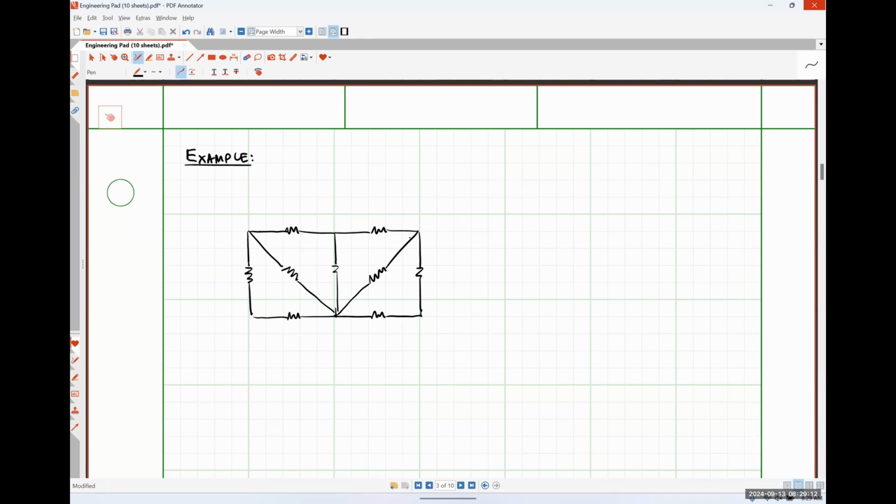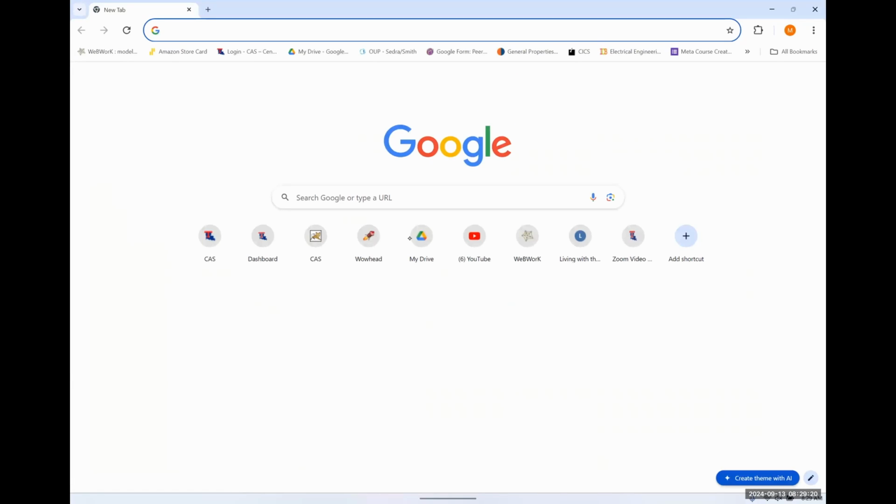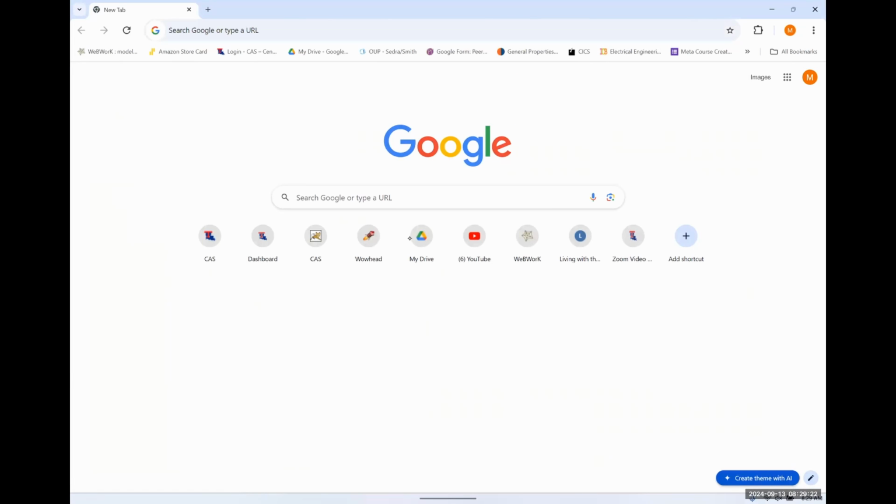And let me see if I can easily switch over. Did I close that window out somehow? Apparently I did. That's annoying.